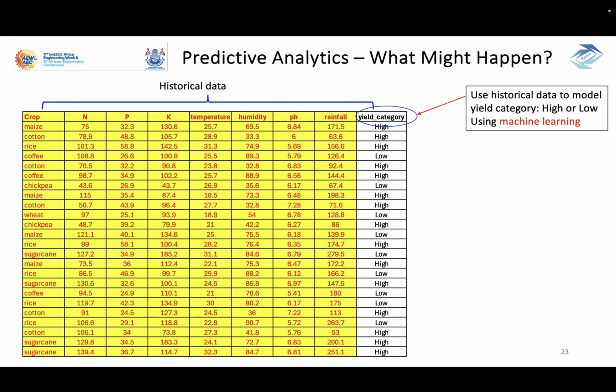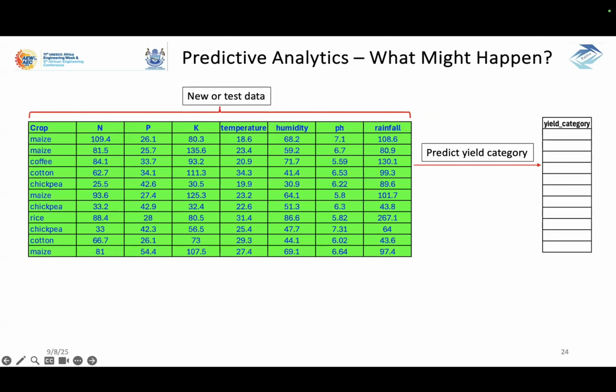So in the future, you use your AI or machine learning. If you have the new data, you can use the model that you got from the historical data to predict how the yield is going to be.